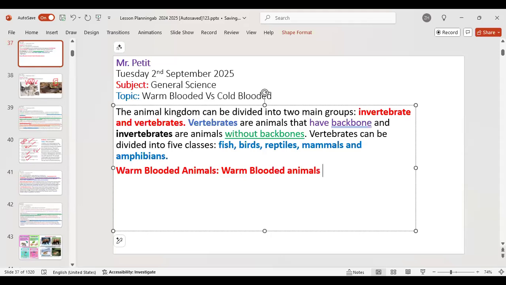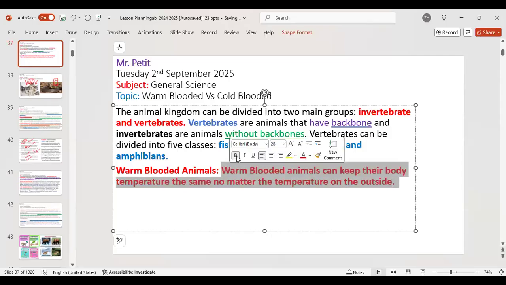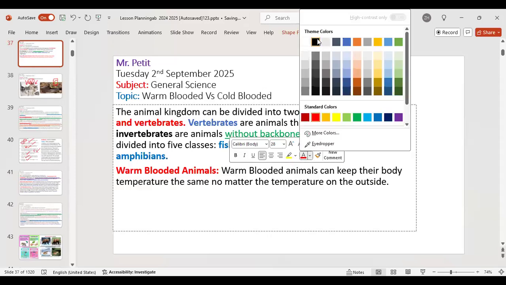Warm-blooded animals can keep their body temperature the same no matter the temperature on the outside.